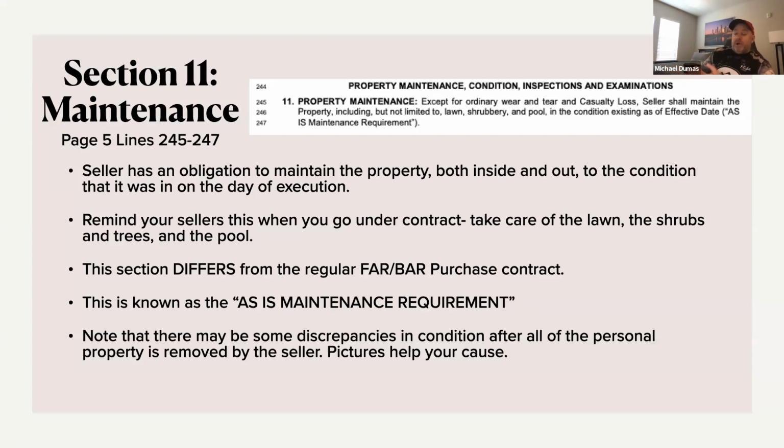Pictures can help your cause, but that's probably something you should address during home inspection. You should be looking under the beds and moving furniture. You have the right to do that. That's going to be a very tricky situation. And I've had it happen to me where you're at the day of closing trying to negotiate carpet costs. Who's going to replace the carpet now that we know there's this big hole in the middle of it that we weren't aware of? So just note that that's part of the as-is maintenance requirement.